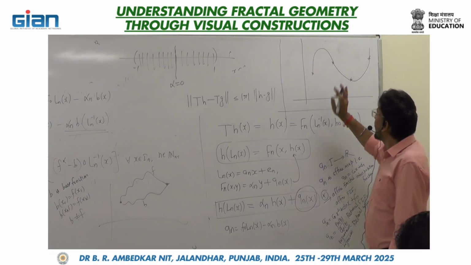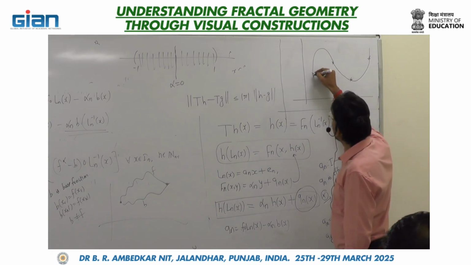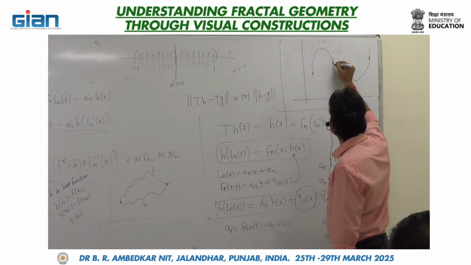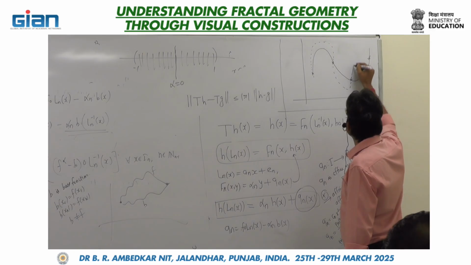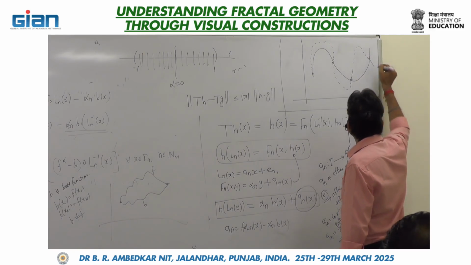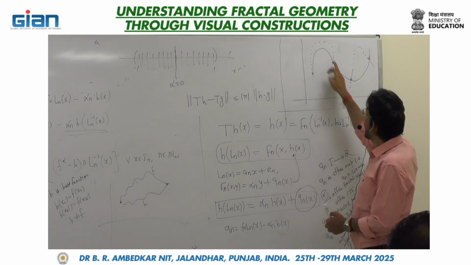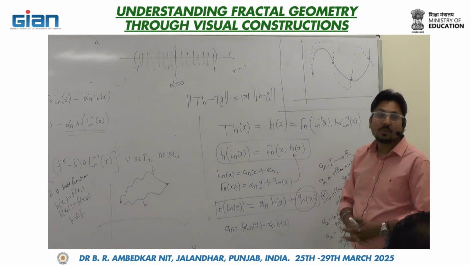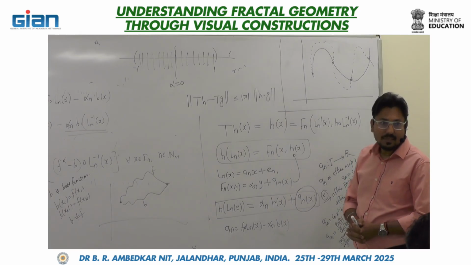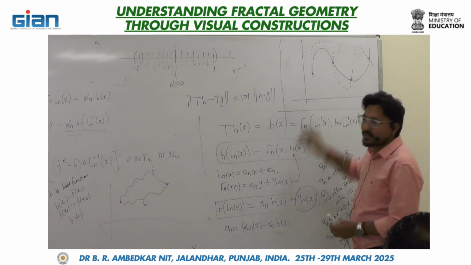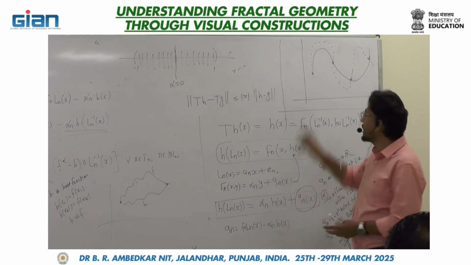Now I want a curve like this one. What you drew before is unique by interpolation theory. Now I am saying you draw this curve passing through these 4 points.